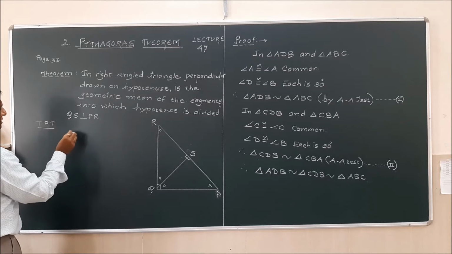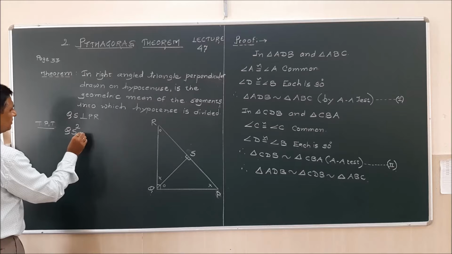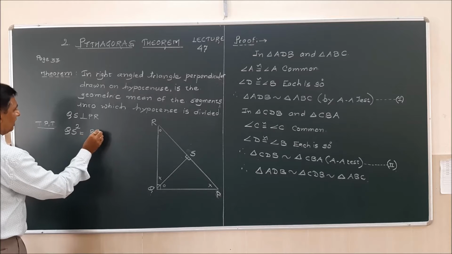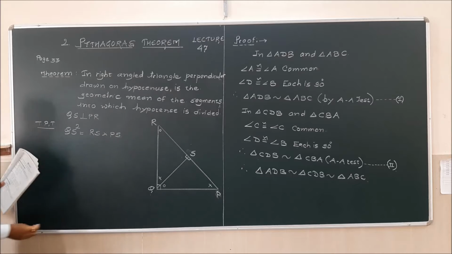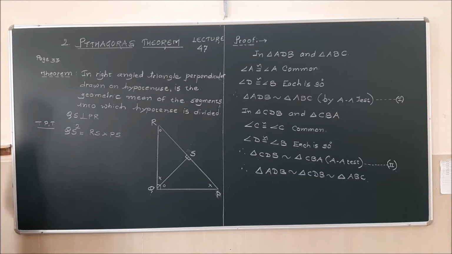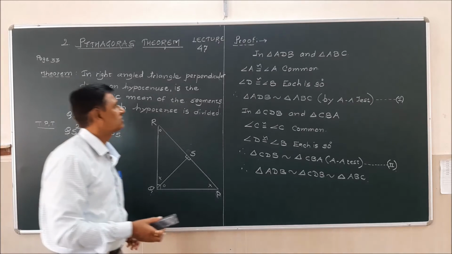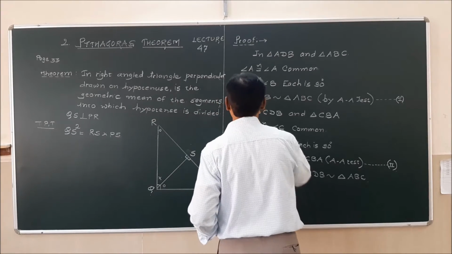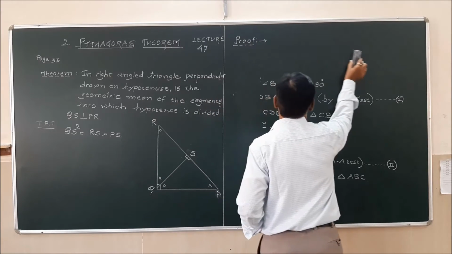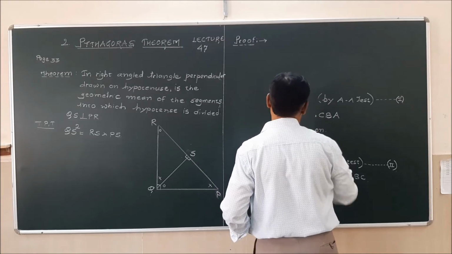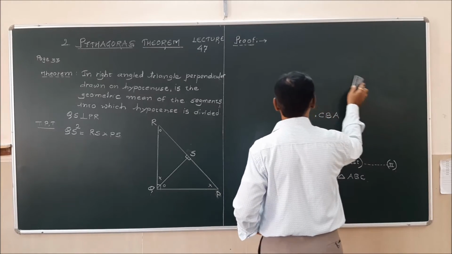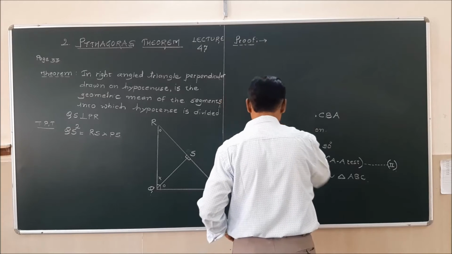And to prove that QS square is equal to RS into PS. Okay, dear students, this is called the geometric mean theorem. Very important property by that way, because this property we use for solving many sums.